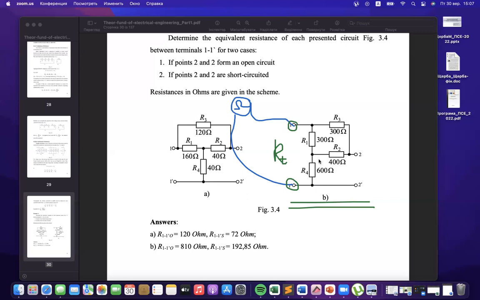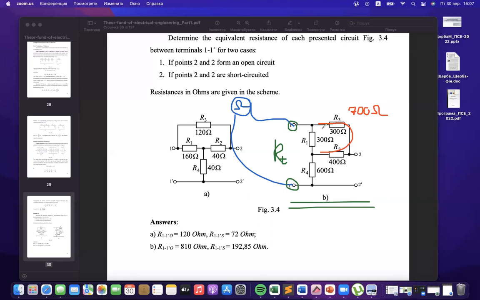Just straight. Wait, no, yes, R3 and R2 are added together. Okay, yeah, you're adding them. And R1 and R2 because they're parallel, and R1 and R4 I don't remember.